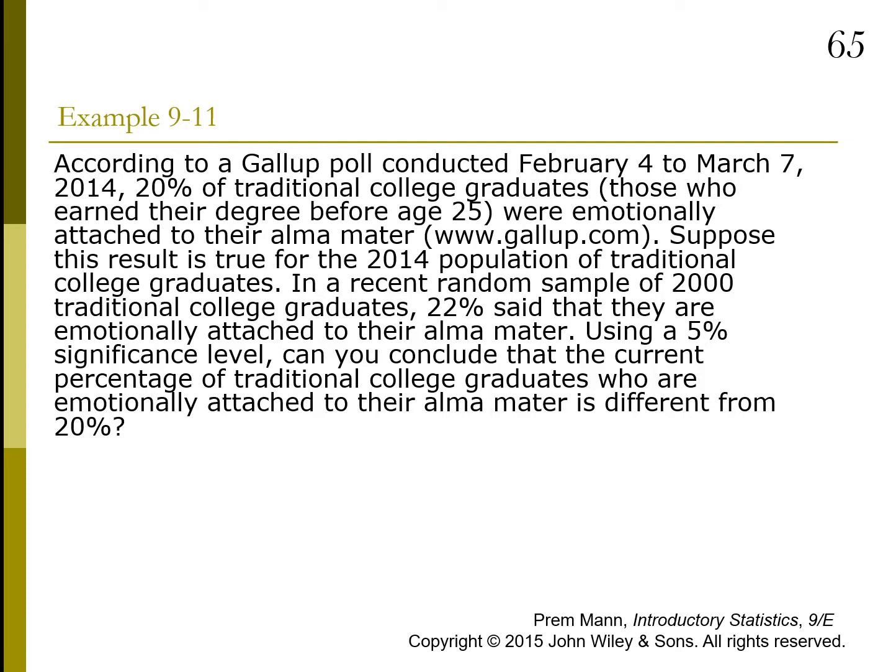Then a recent random sample of 2,000 graduates is taken, and 22% said they're emotionally attached to their alma mater. We want to use a 5% significance level, and we want to see if we can conclude that the current percentage of traditional college graduates who are emotionally attached to their alma mater is different from the 20%.